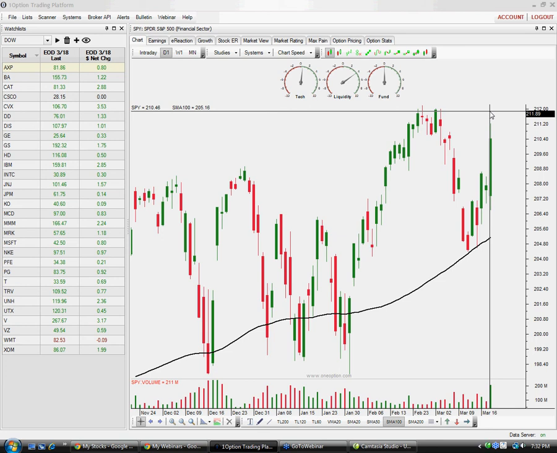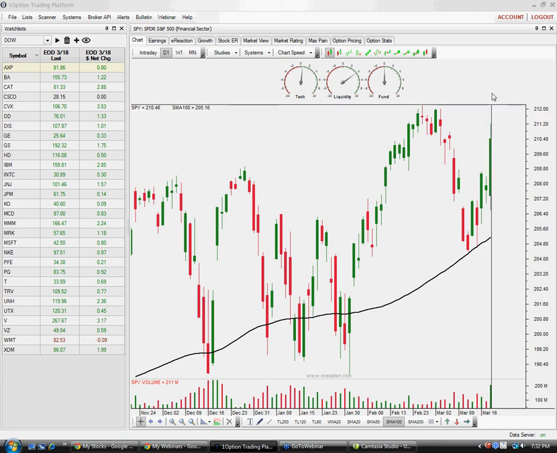So I believe we'll see the market run up. We could even poke through and make a little bit of a high. But after that, I think the market will start to flatten out.